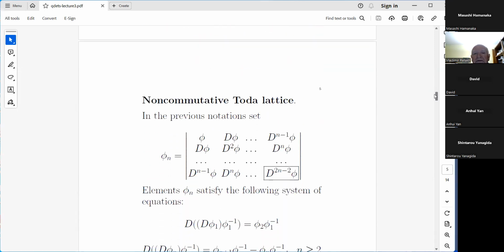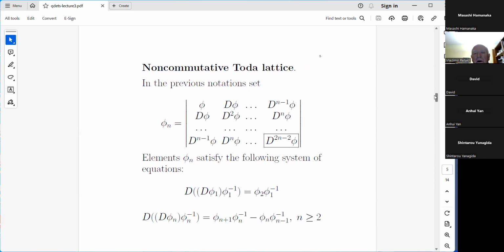Now let me just mention briefly the non-commutative Toda lattice, because I believe that Irina Bobrova talked about non-commutative Toda lattices, and Vladimir Rubtsov will talk about them. But this is actually the first example that appeared in the first of our papers with Gelfand.